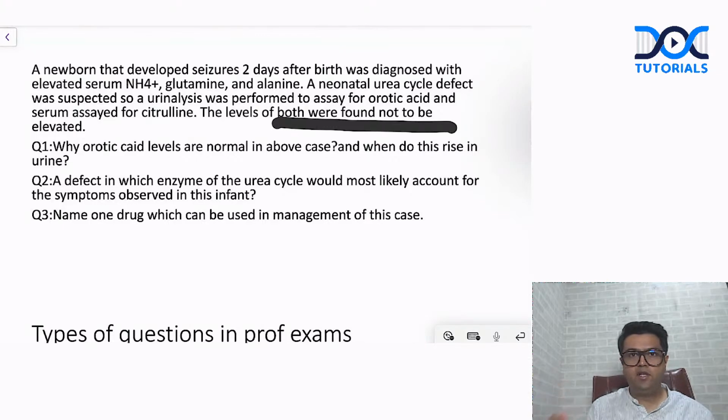And just don't mix everything. Suppose there are three questions here. Once you are done with question number one, give a little space, a space of 2 lines, 3 lines. Then start with question number two. Then start with question number three, and highlight that I am now mentioning question number three.